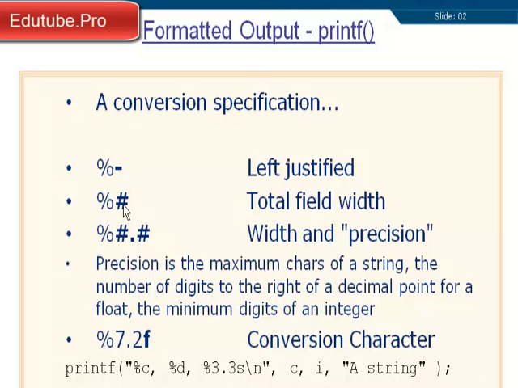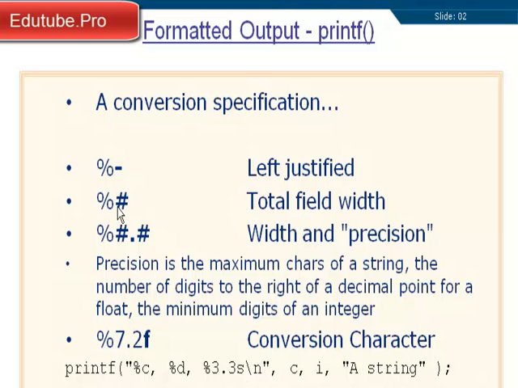Now, that's fine if you used it or if you didn't. Either way, the next character that could be here is a number. And I just have the little hash mark here to show you that this would be a number, 0 through 9, and actually even a larger number than that, because this is a total field width. This is how wide the field will be that this item over here will be printed in.